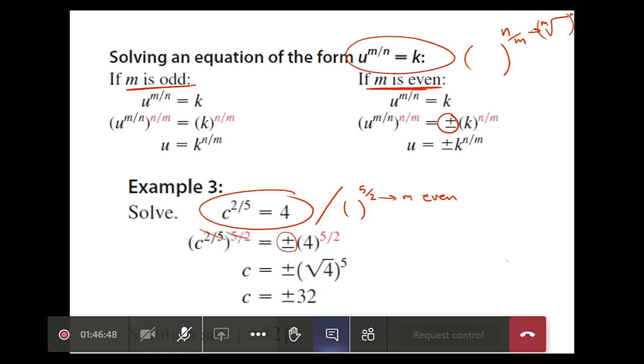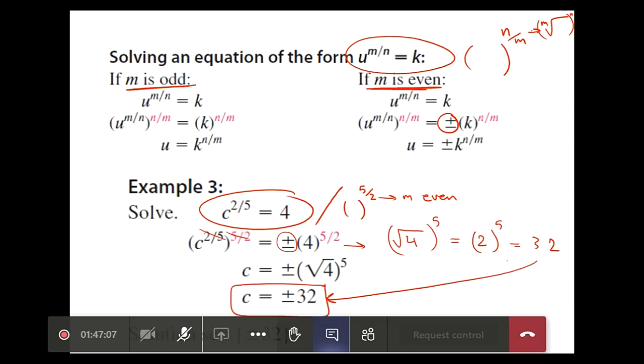Remove this one with this one, so we have c equal plus or minus radical of 4 all to the power 5. What's the value of radical 4? 2. 2 to the power 5 is 32. So positive negative 32. Okay.